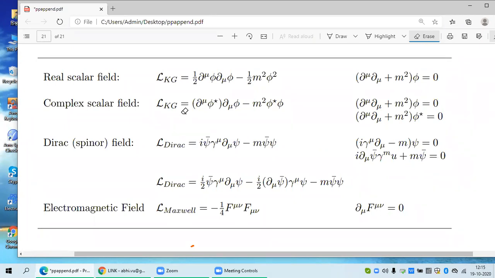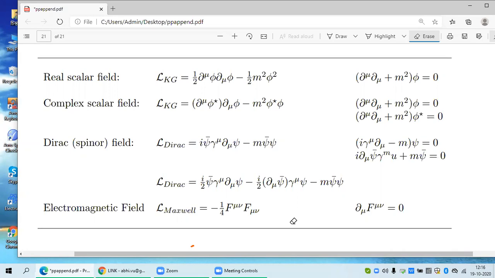So you can intuitively see it this way, that a scalar field is just one number, whereas a vector field A mu is 4 numbers. A Dirac field psi is 4 fields with a particular structure. Now, suppose a particle has no spin.